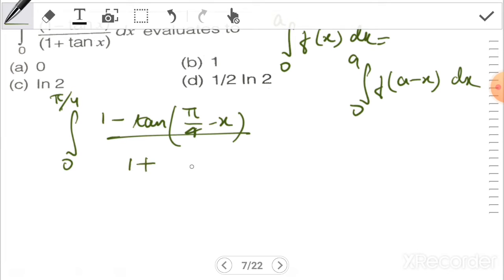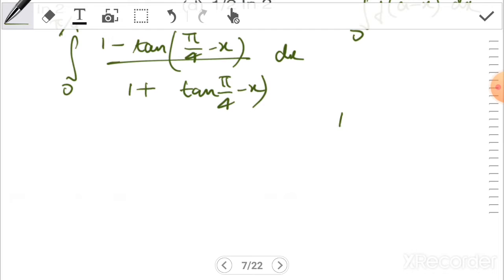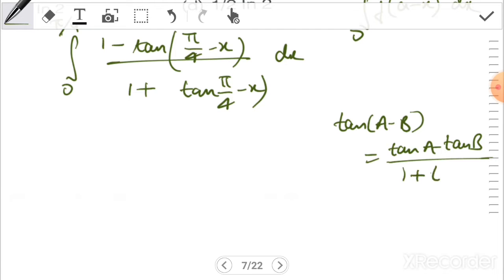We know that tan of a minus b is equal to tan a minus tan b by 1 plus tan a tan b.